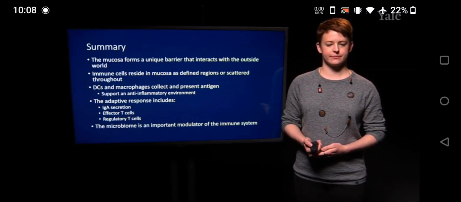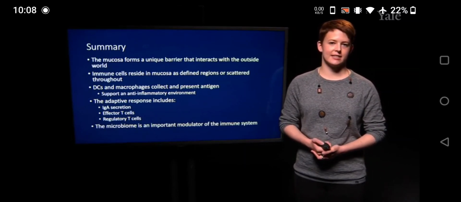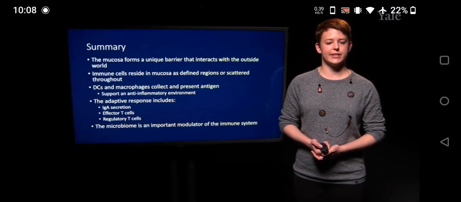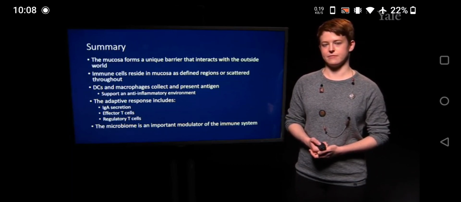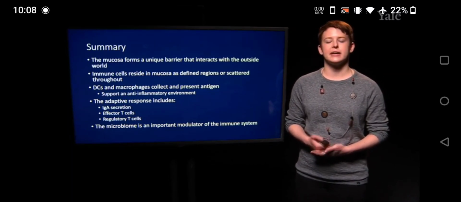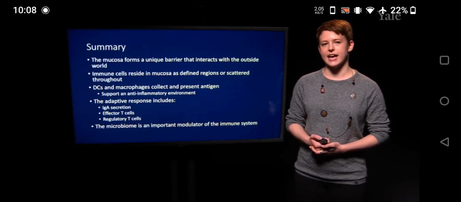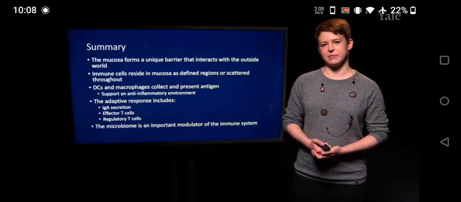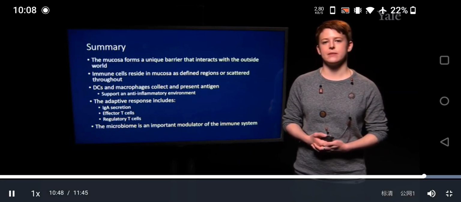And finally, we talked about the microbiome as an important modulator of the immune system. So the microbiome provides a set of bacterial antigens that are not trying to infect the body. So the immune system almost trains against these antigens.